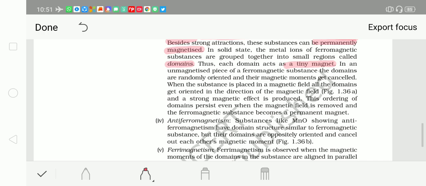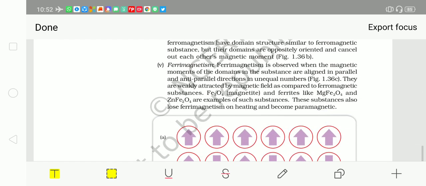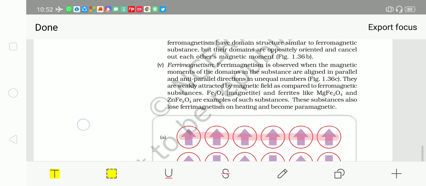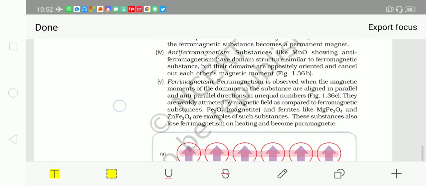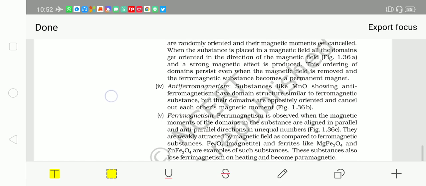As you place this ferromagnetic substance in the external field, what happens? As in this diagram, all the domains align themselves in the same direction along the external magnetic field, and they get extremely magnetized. That's why they strongly attract towards the external magnetic field, and after removing the external magnetic field, they remain in that position. That's why they form permanent magnets, and they are very strong magnets also.